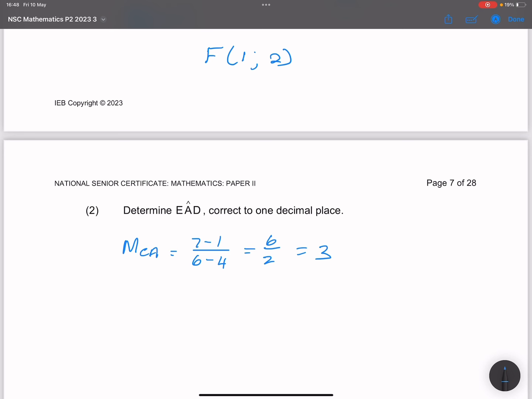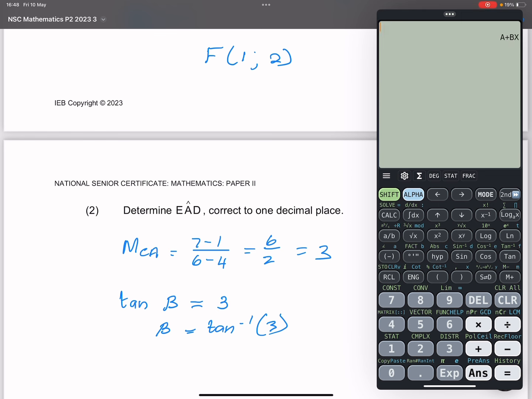So let's say the tan of, let's call it beta, is equal to 3. So let's find that exterior angle beta there. That would be the arctan of 3. Help me out there. So we're going to say shift tan of 3.